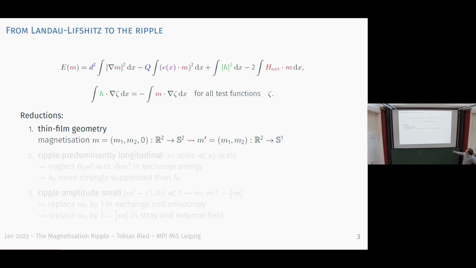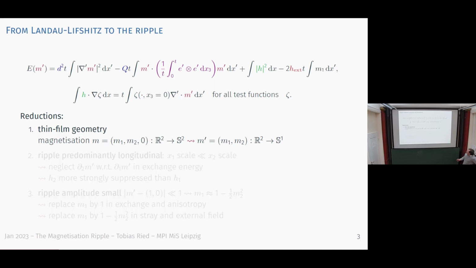Notationally, I will write for these in-plane variables always a prime, so that as a first reduction we can replace every m by this two-dimensional vector m prime, which lives on the plane and takes values in, well, now S1, since I reduced by one dimension.